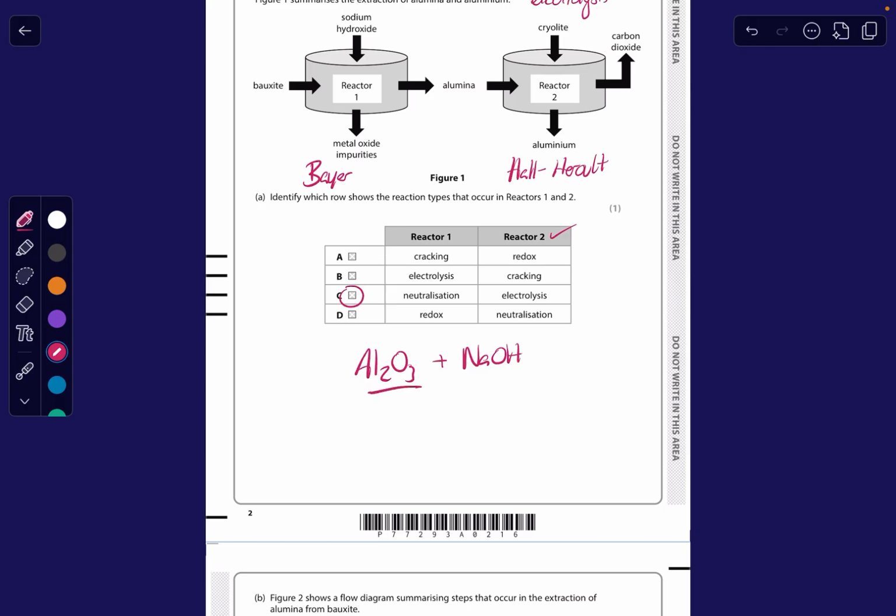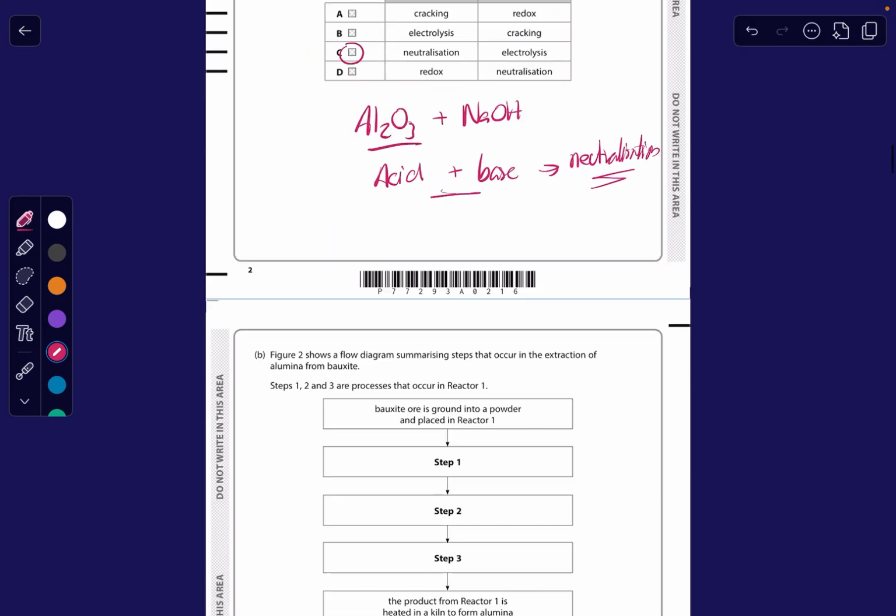Alumina is amphoteric, so it can act as an acid or a base, and in this context, it's acting as an acid. And if we have an acid plus a base, we have a neutralization. And that's why that's a neutralization. Many of you, though, should have just understood that the Hall-Héroult process is an electrolysis, and then by process of elimination, the answer is C.